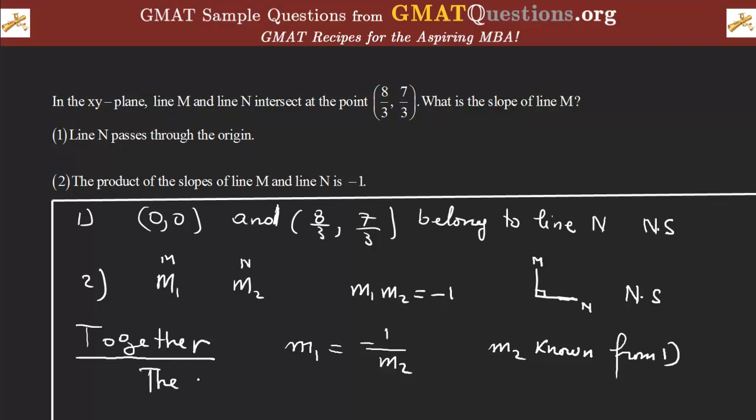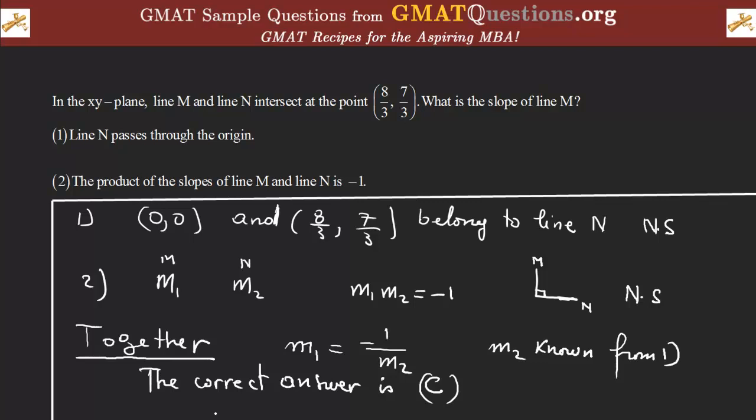So the correct answer, because we're in data sufficiency, is C. Okay, I hope you were able to follow me here. What was important here is that it's not enough to find the slope of one of the lines, like line N. We need more information.